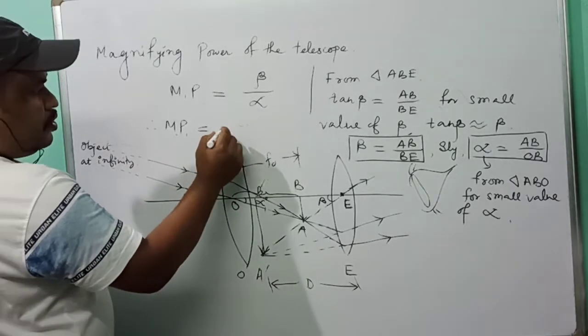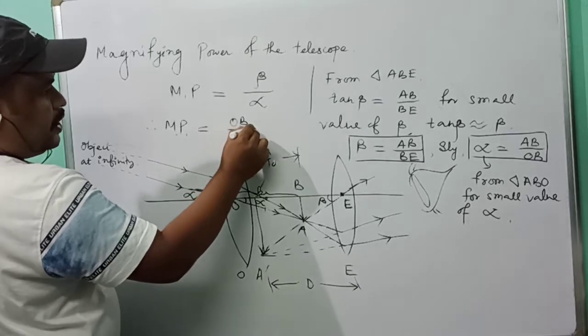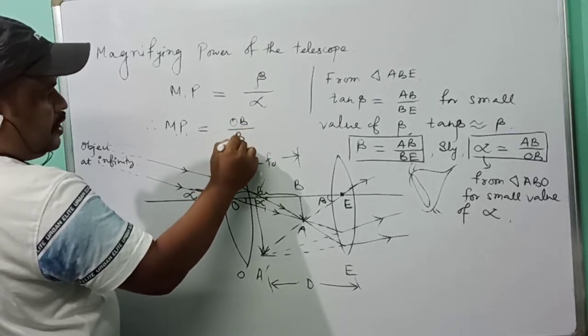Then AB will cancel out, and the final ratio will be OB by BE.